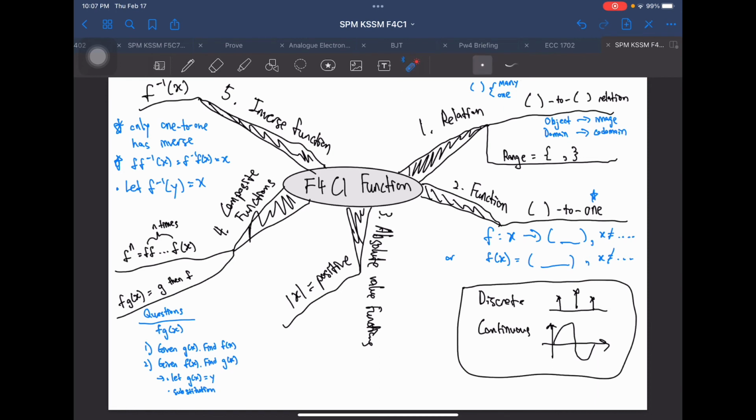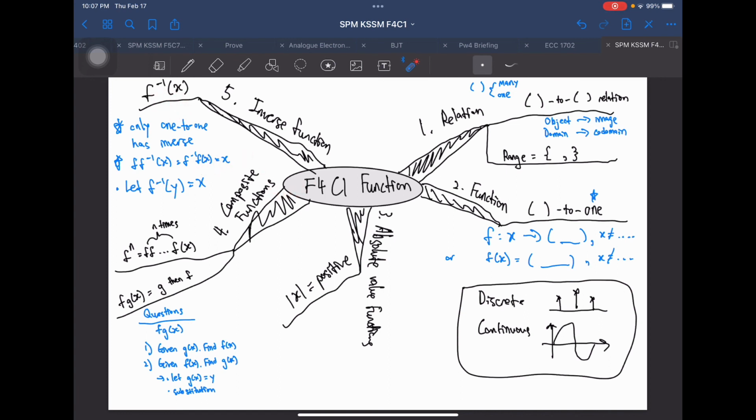So if f of f inverse x, meaning that is equal to x, the function gets you back to the original value. Okay, so there might be a question where, if you're given the inverse function of it, find the original function.